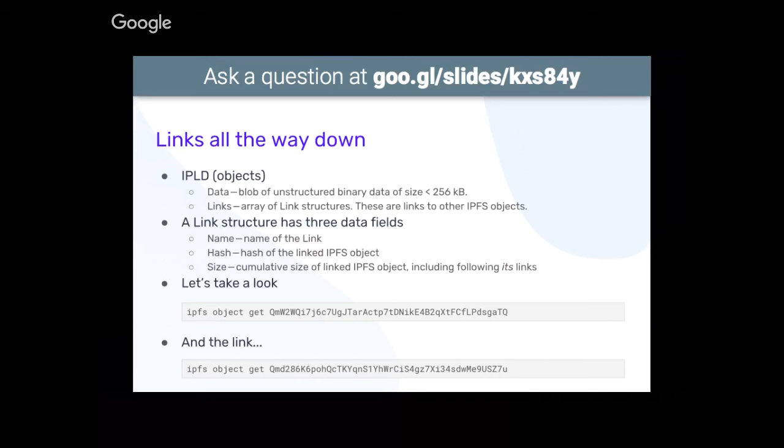Those links themselves have a name, a hash or CID of the linked object, and the size of the linked object. This size is really just so that we can have an estimate of object or file sizes without having to prefetch too much extra data. So it's very nice to have when traversing IPLD graphs and things like that.